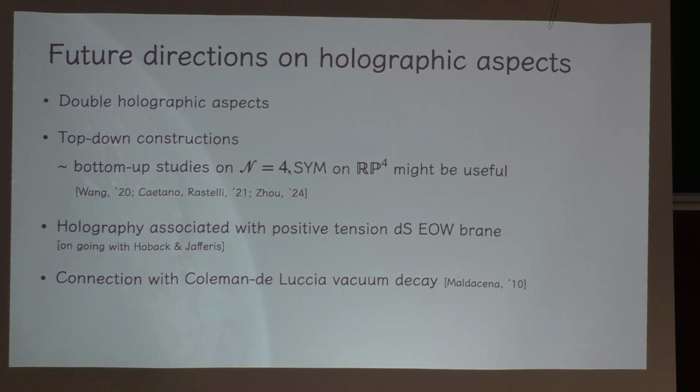No, I'm asking if you take an anti-Karch-Randall brane with negative tension, would you expect the dual to be a cross-cap construction like this? No. And the reason for that is because they have different symmetries. Do you have any guess what that is? Because in AdS/BCFT, I don't think you can get BCFT because that would imply some negative boundary entropy, which I don't think we have a good understanding of, right?